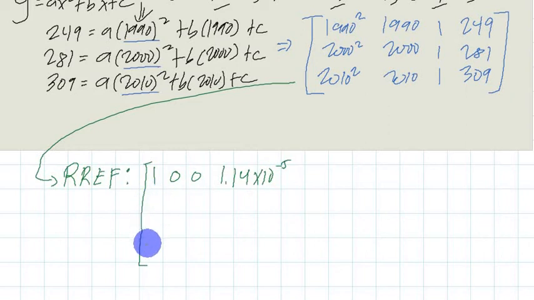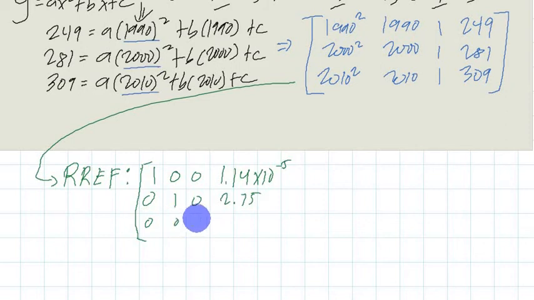Second, oops, that's quite long. Let's just fix that first. Okay. There you go. Second row of our reduced row echelon form of the augmented matrix, 0, 1, 0, then 2.75, rounded off to two decimal places.